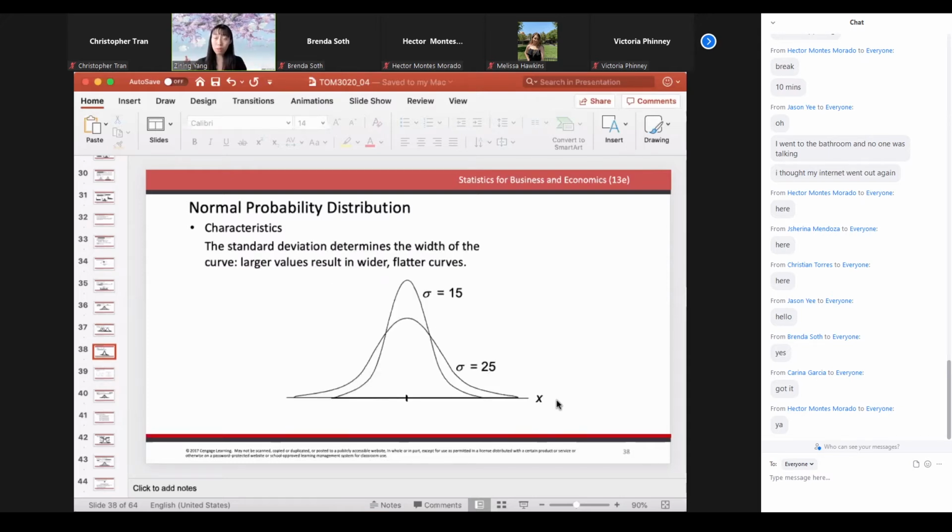We also learned about the variability. And in the context of probability distribution, we usually use standard deviation to measure the variability. So we learned that the larger the standard deviation, the more variability we have in the data set. But the smaller the standard deviation, the less the variability.